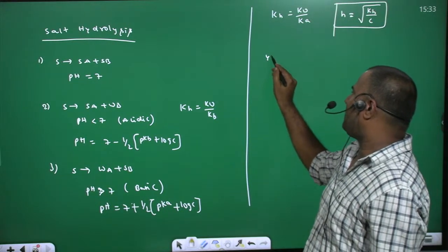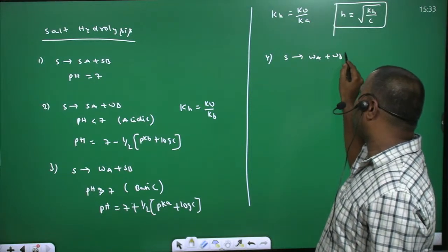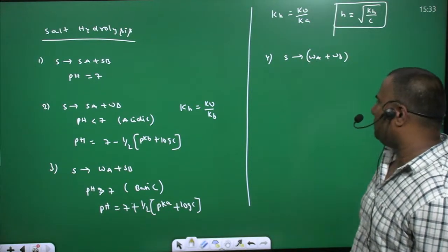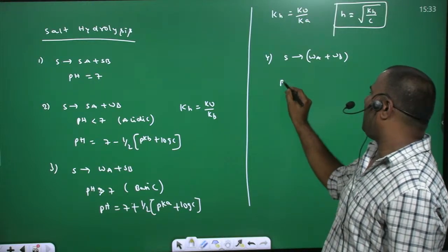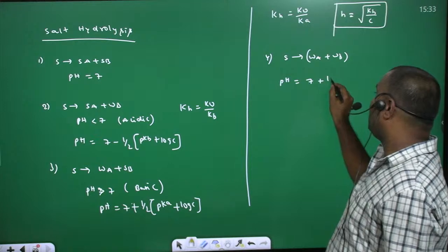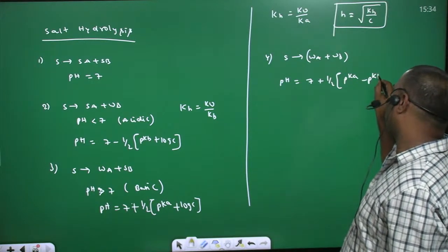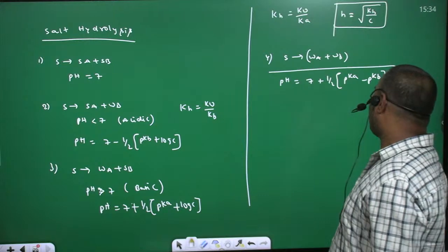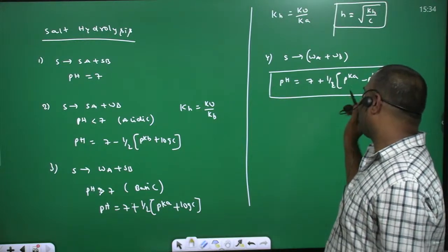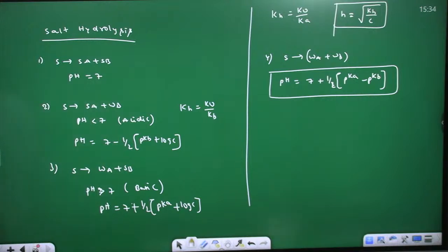The last combination, the salt of weak acid with a weak base. The pH can be anything. The pH equals 7 plus 1 by 2 of pKa minus pKb, irrespective of the concentration of the solution.